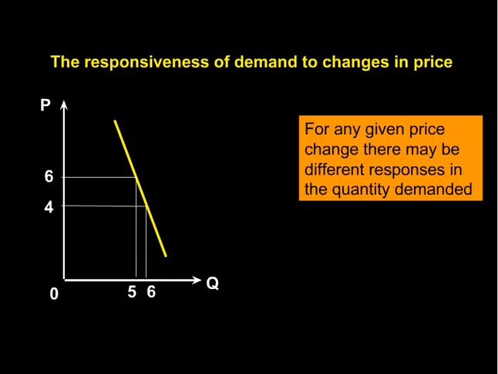And you can get a feel for the revenue here, because the price is £6 and the quantity demanded is 5, then £30 in total is the revenue, 6 times 5. However, if the price is £4 and 6 are demanded, then the total revenue, price times quantity, is £24.